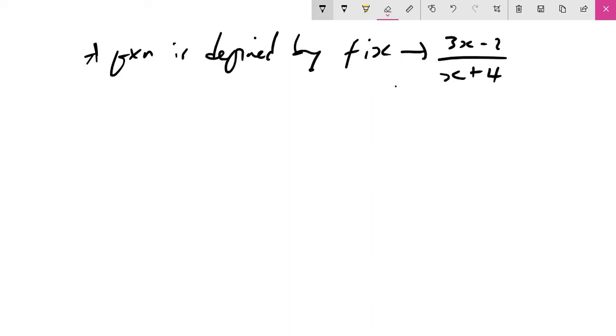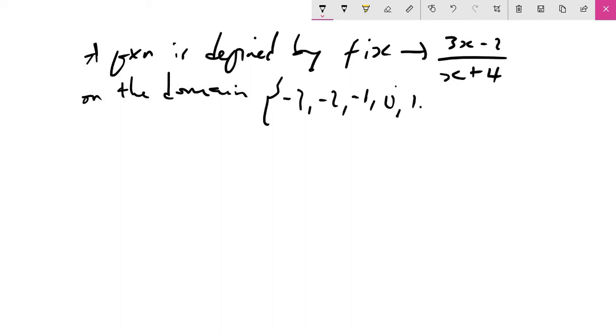So a function is defined by this. Okay, what do we do about it? On the domain, okay, so they've given us a domain, and the domain is the same as the first one: 1, 2, and 3. Okay, all right.